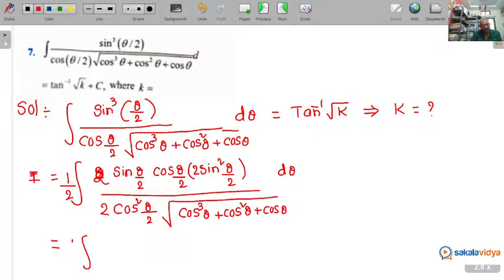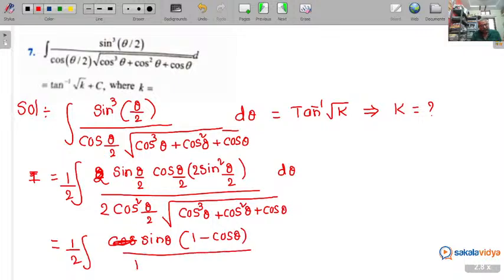So 1 by 2 times 2 sin theta by 2 cos theta by 2, we can write sin theta. 2 sin square theta by 2 is 1 minus cos theta. Clear? So 2 cos square theta by 2 is 1 plus cos theta. Right? So that is under root of cos cube theta plus cos square theta plus cos theta. Just simple trigonometric manipulation I have done.